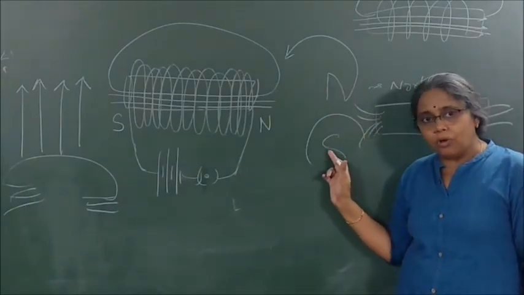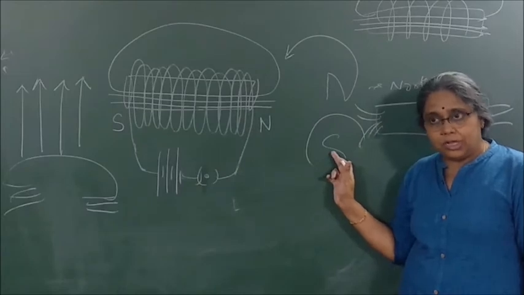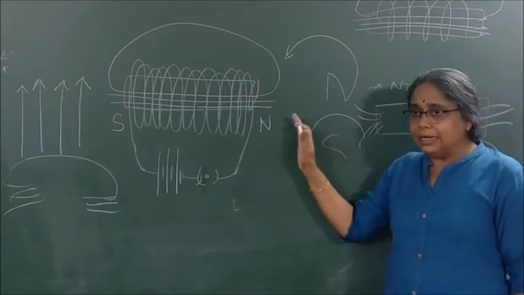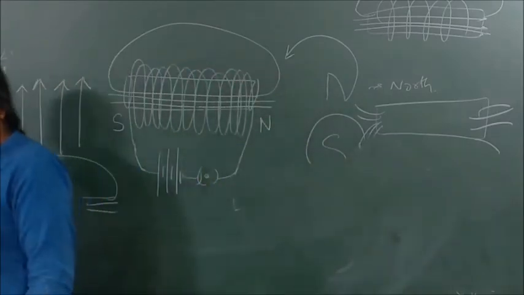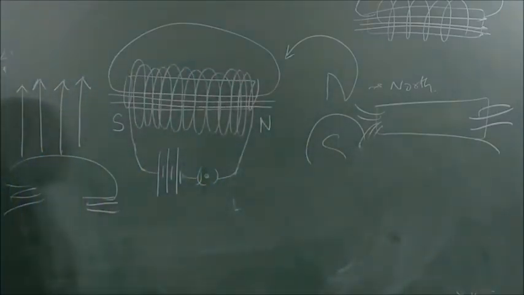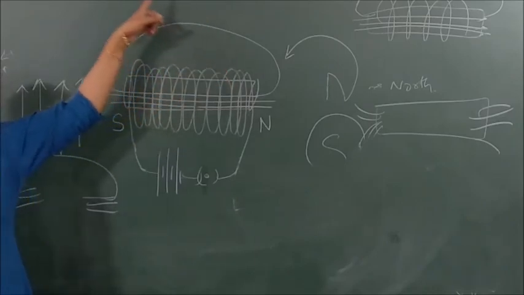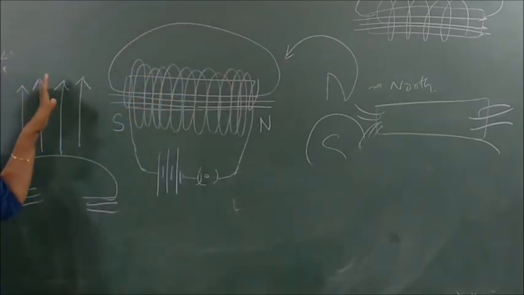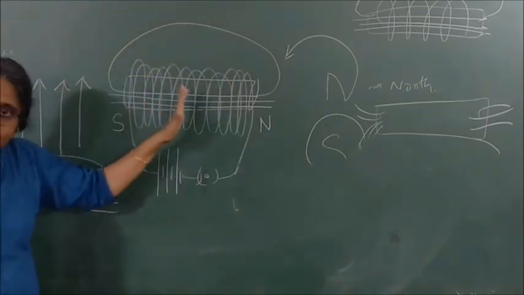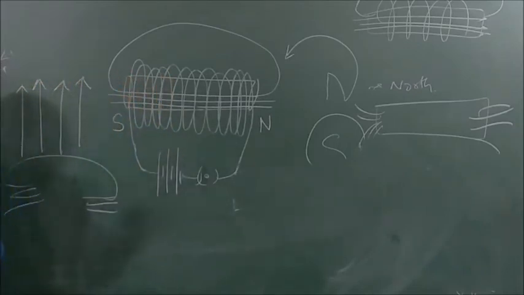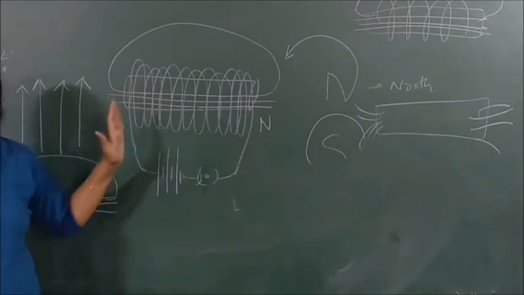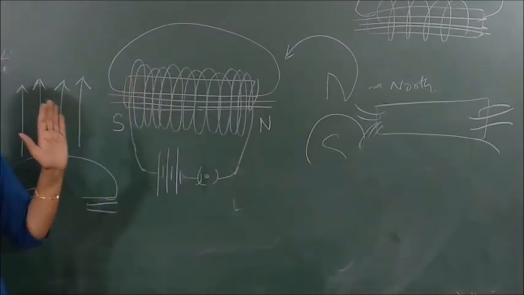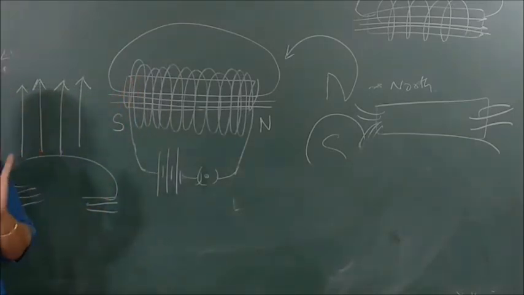And where it flows clockwise becomes the south pole. The magnetic field in a solenoid is exactly similar to that of a bar magnet, flowing from north to south outside the magnet and south to north inside. The beauty of a solenoid is that at all points inside, the magnetic field is equal and uniform.